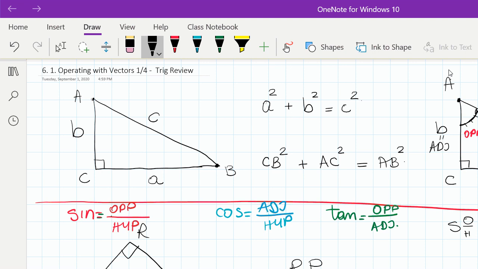And the cosine of angle Q will be adjacent, RQ, over hypotenuse, PQ. And if we are looking for tangent of angle Q, it will be opposite, which is RP, over adjacent, that is RQ.